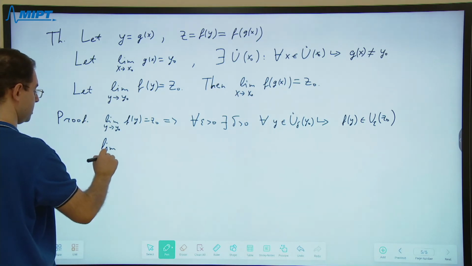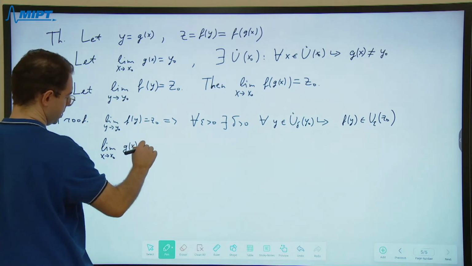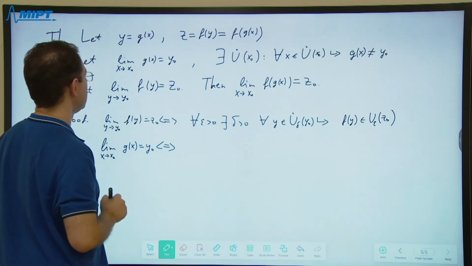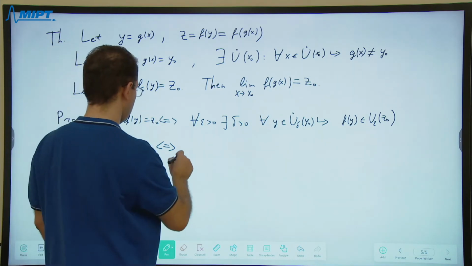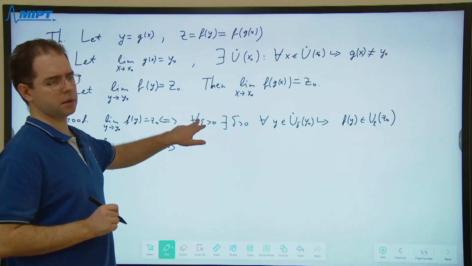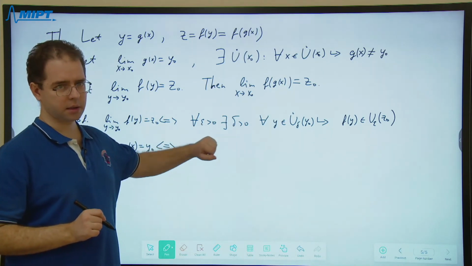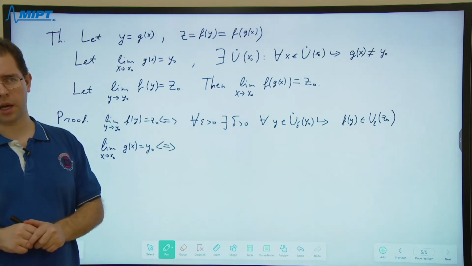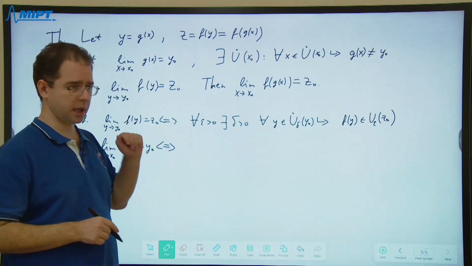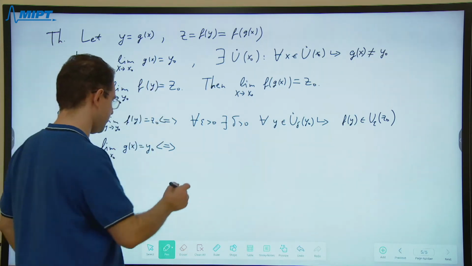As x tends to 0, g of x tends to y0, in the same way. Here we usually use letters epsilon and delta as positive numbers. Now I'm going to use different letters. Instead of epsilon, I will use letter delta, and instead of delta, I will use a new letter.